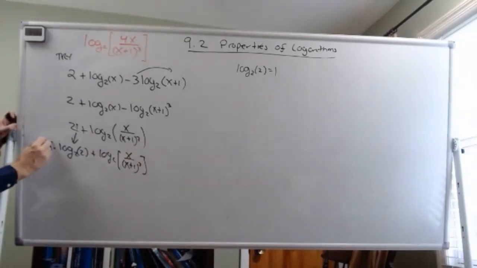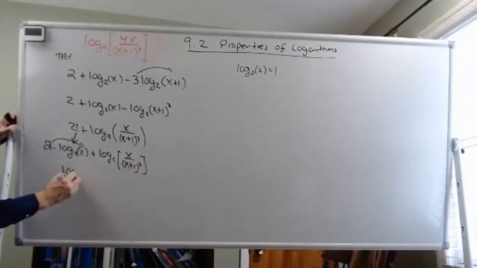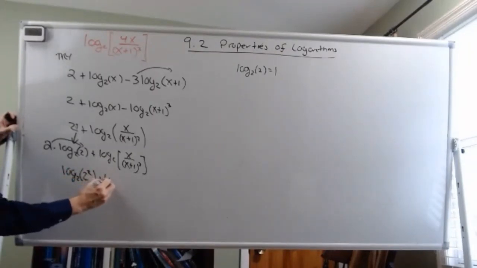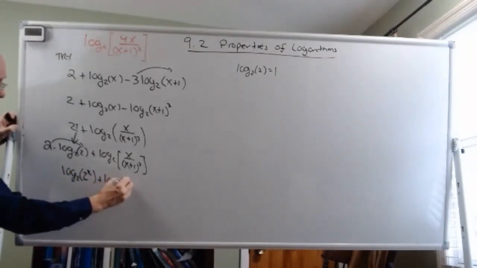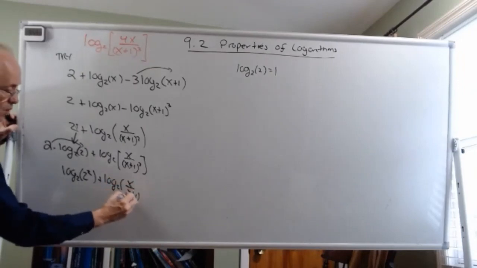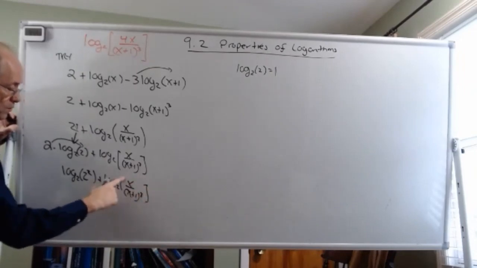Now in addition, I can bring that power up and write this as log in the base 2 of 2 squared plus log in the base 2 of x over x plus 1 cubed.